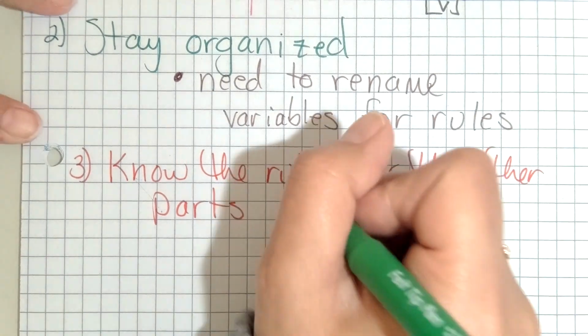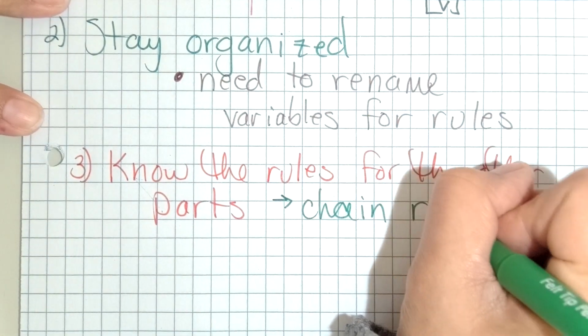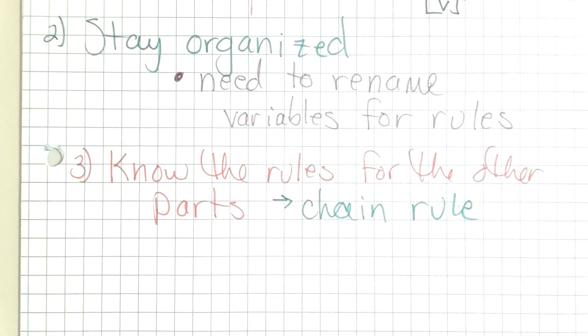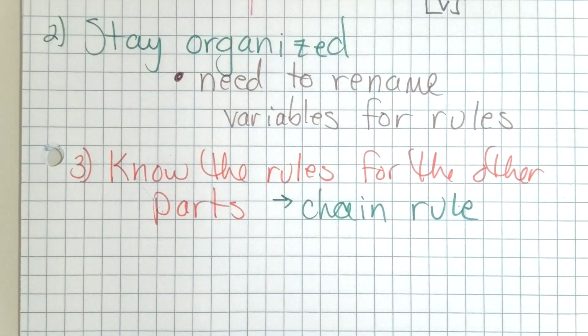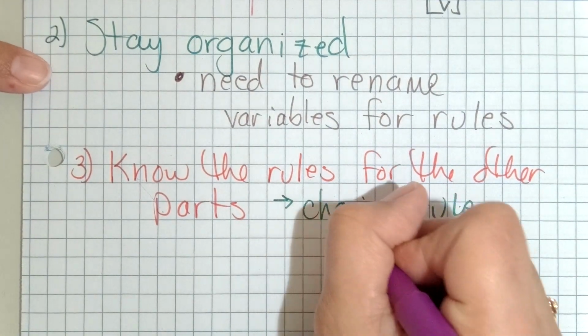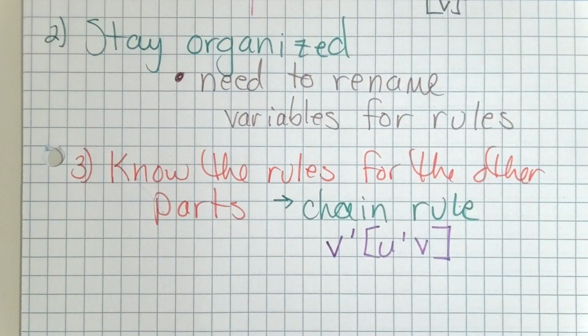So in this example, though, I am using chain rule. The derivative rule for chain rule is v prime, u prime, v. And if all you're doing is using u and v, you might get confused.